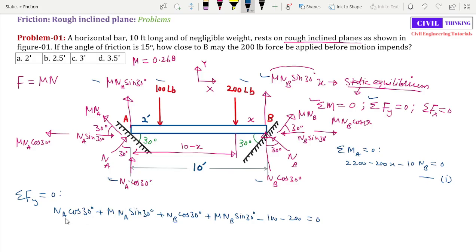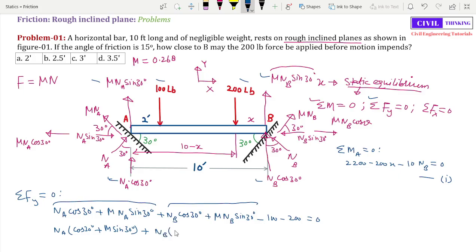Now let us put Na common here. It is going to be cos 30 degrees plus mu sine 30 degrees, right? In these two terms, I put Na to be common. So plus, now I will put Nb common in these two terms.